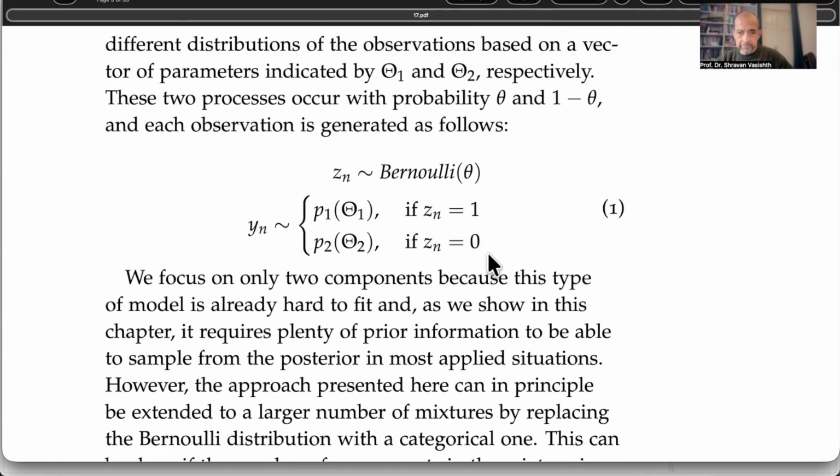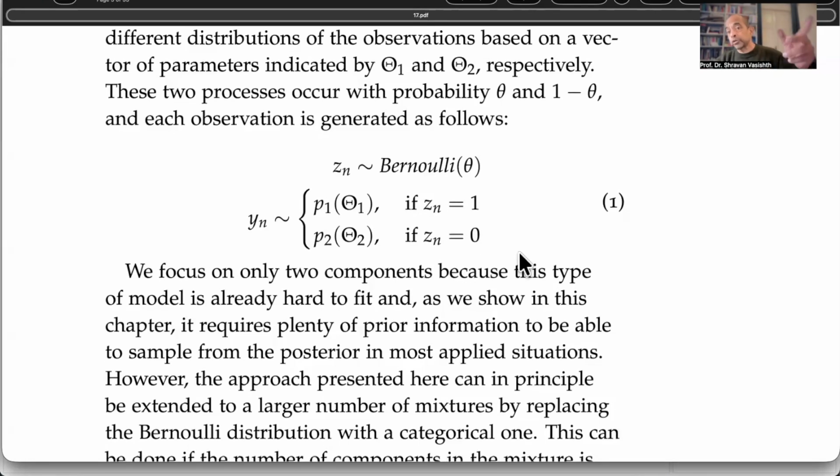These are discrete parameters, because it's a 1 or a 0 in each trial, and for that reason we're going to have to marginalize these out, as I will show you, in order to use Stan.